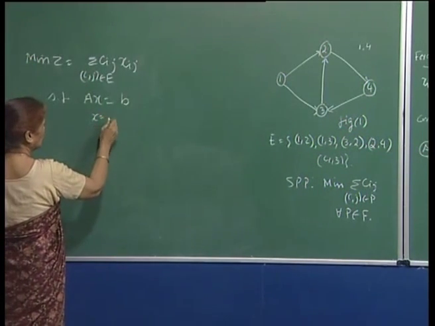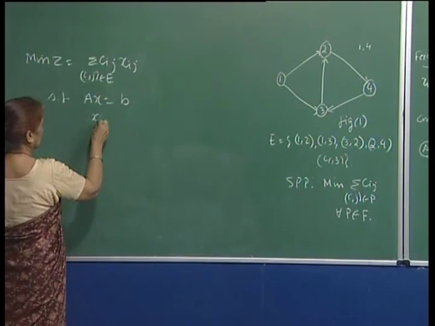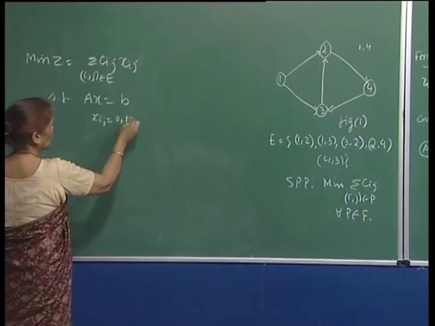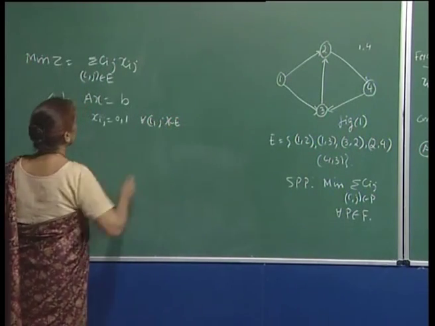And right now, I am still saying that x_ij is 0 or 1 for all ij belonging to E.